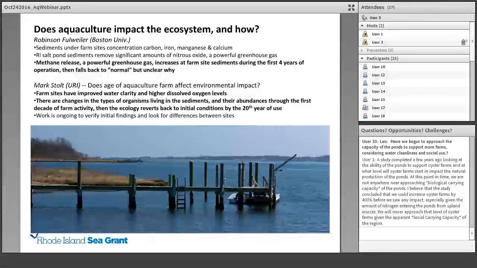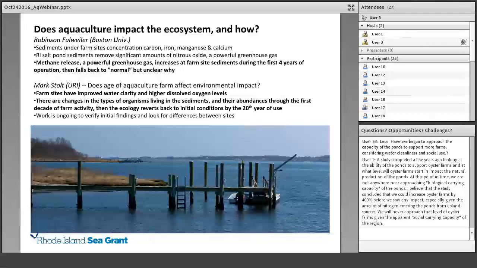We're funding a few other of what Dale referred to as ecosystem service types of research projects. Wally Fulweiler, who was a grad student here at URI, now up at Boston University, is looking at sediments under aquaculture farm sites to see if she's seeing any changes in nitrogen movement within the sediments.